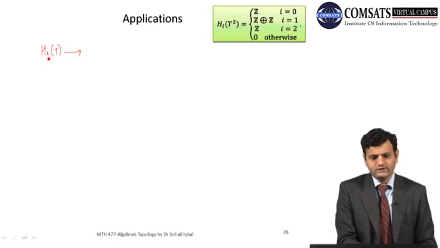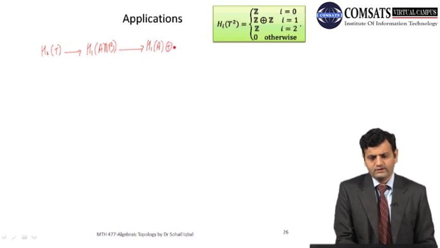H_2 of T goes to H_1 of A intersection B, goes to H_1 of A plus H_1 of B, and this goes to H_1 of T.